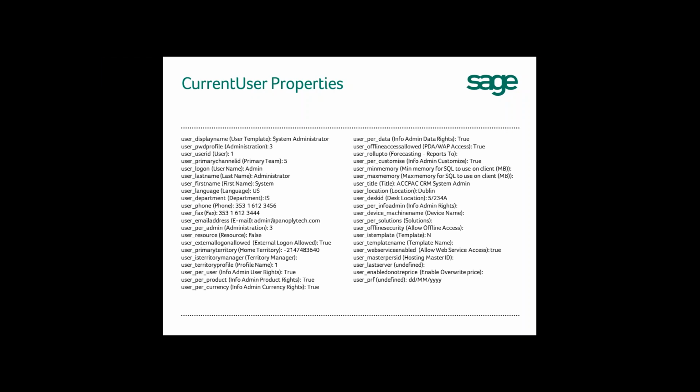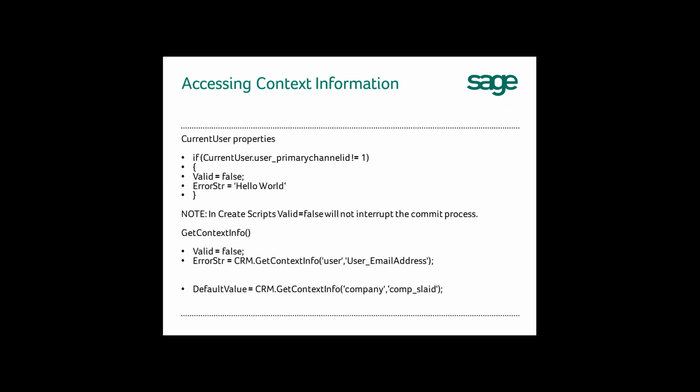We can reference which department that we're in, which rights do we have over reports. There's a lot of information that's contained in here that can be used to influence what is presented to the user.